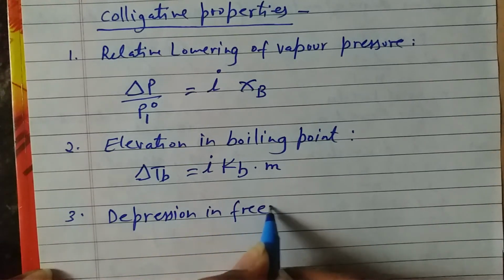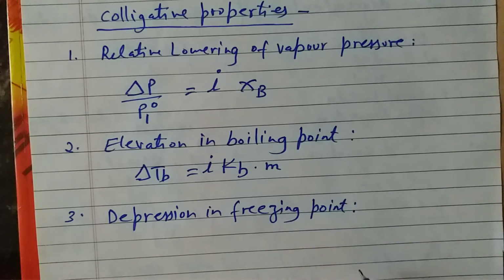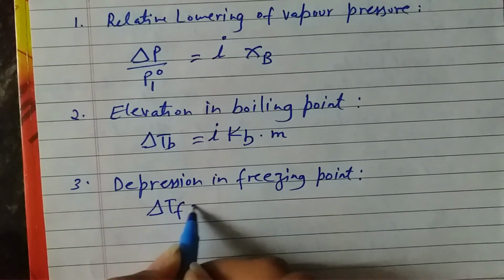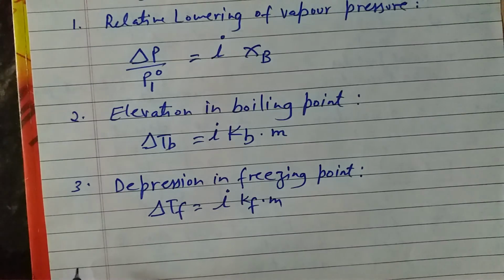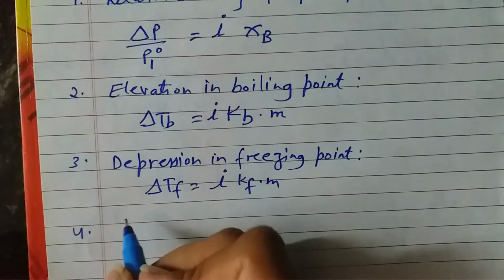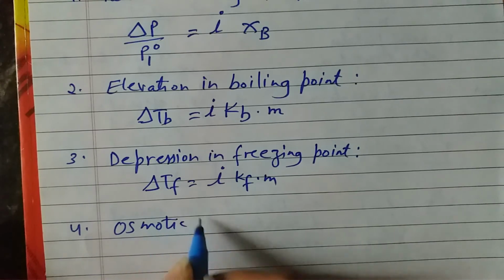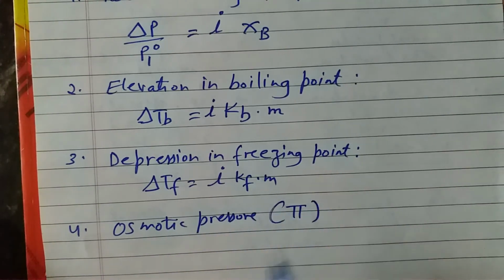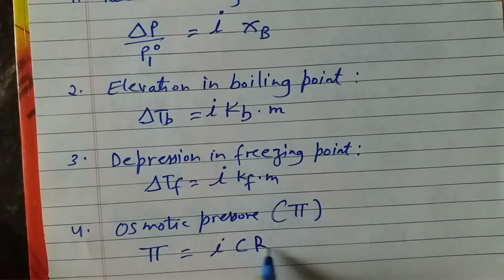And now the depression in freezing point, with the correction term incorporated, is going to be delta TF equals i Kf into m. And the last colligative property that we have studied here is osmotic pressure, which was represented by the symbol pi, and now pi will be equal to i into CRT.